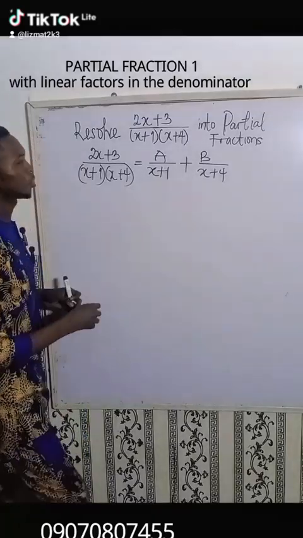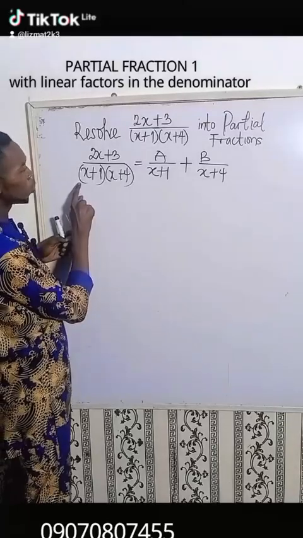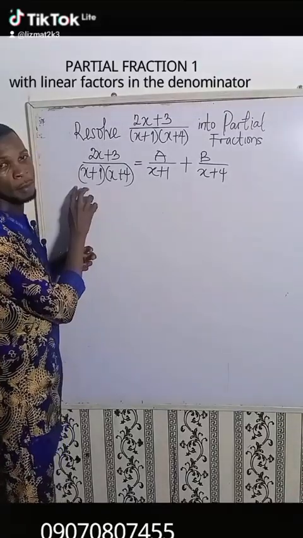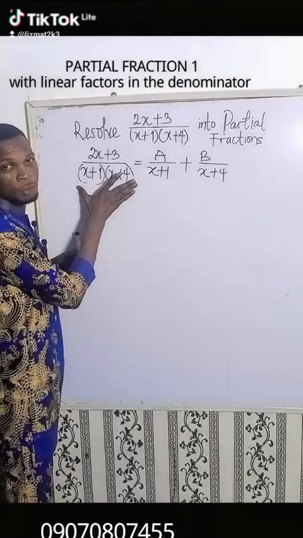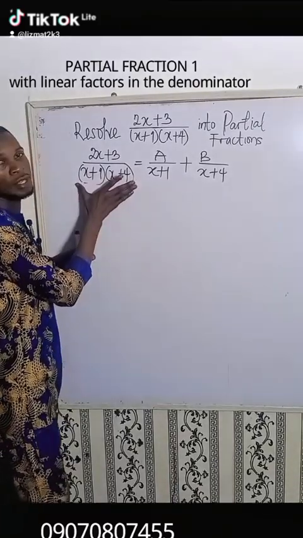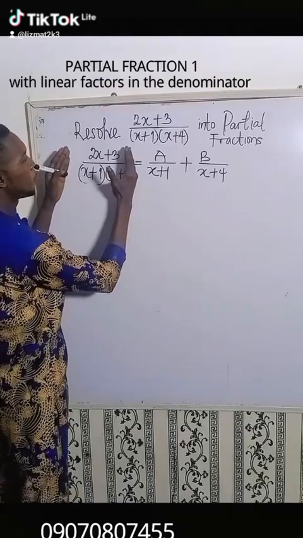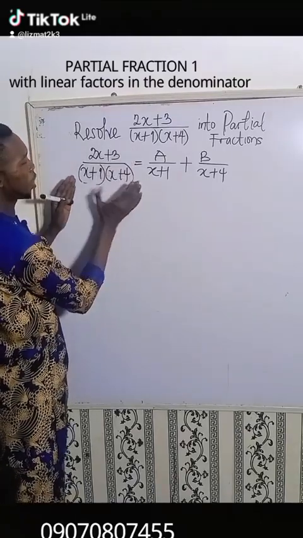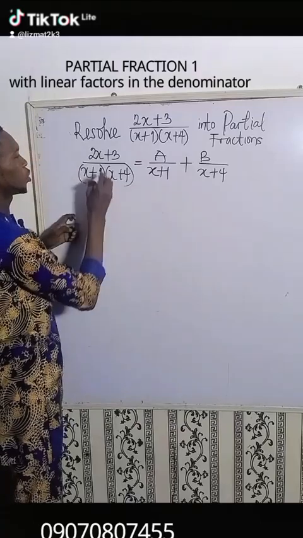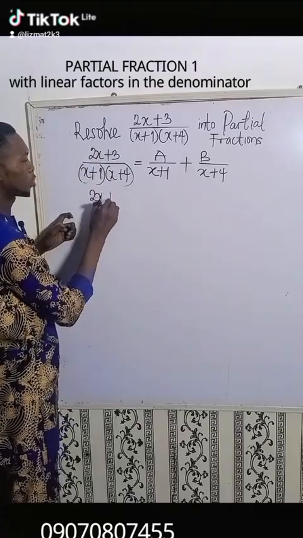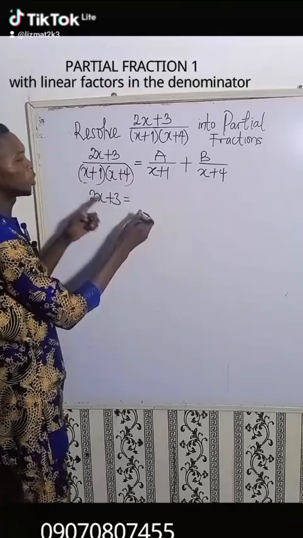Before I can proceed, there's something I need to do here. I'm going to find the LCM of the denominator of the compound fraction. Then when you find the LCM, you multiply all through by the LCM. So if I multiply (2x + 3) divided by this, the LCM is (x + 1)(x + 4). So this will become 2x + 3. Of course, the LCM will cancel out the denominator.